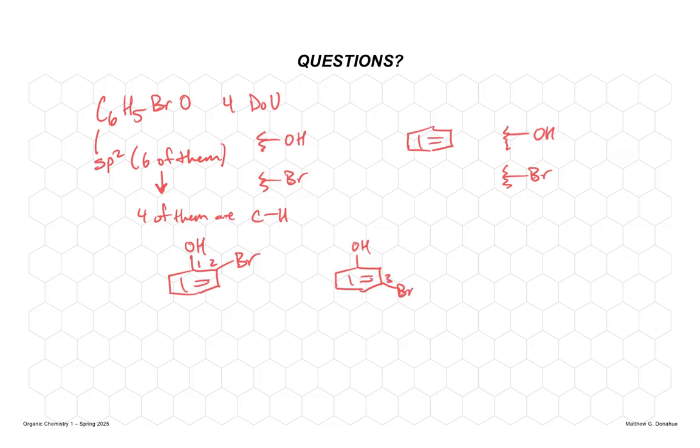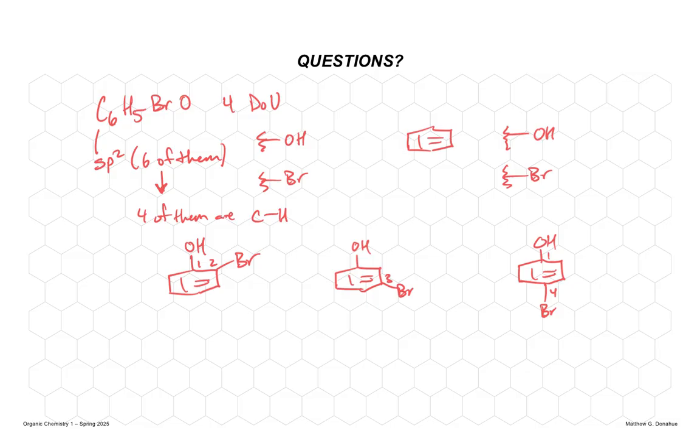I have a 1-3 relationship. I have a 1-4 relationship. So we have 3 possibilities. How do we narrow it down?